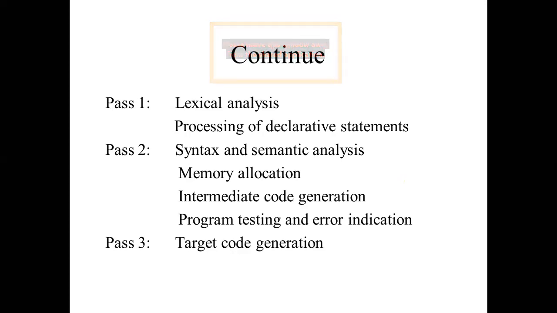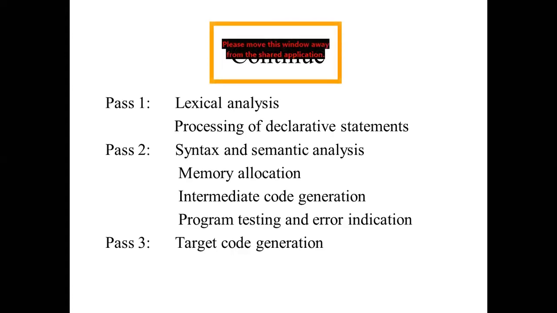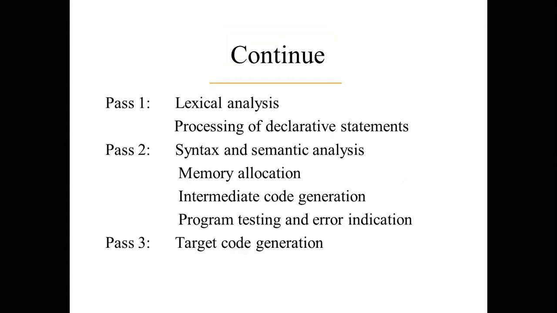After that, program testing and error indication. And finally, we develop the target code generation so that we can run our program. After execution, we can display the result and easily understand it. So this is called target code generation.